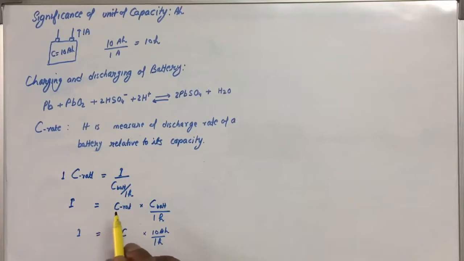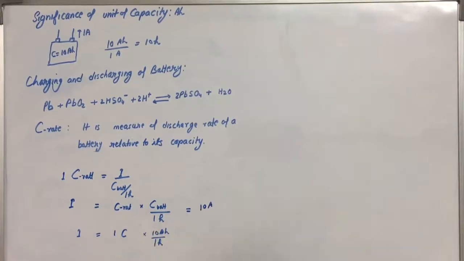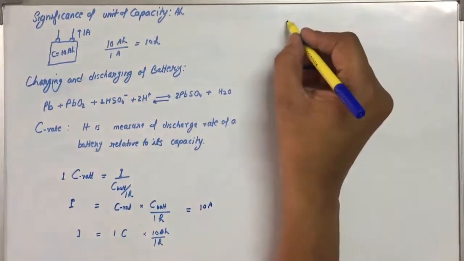Let me repeat it: if the C rate of the battery is 1 for a 10 ampere hour rated battery, it would correspond to a discharge current of 10 ampere over 1 hour.